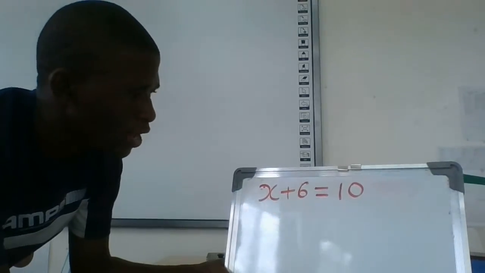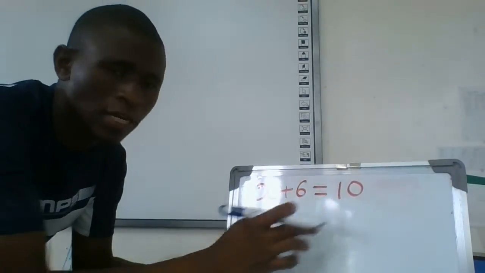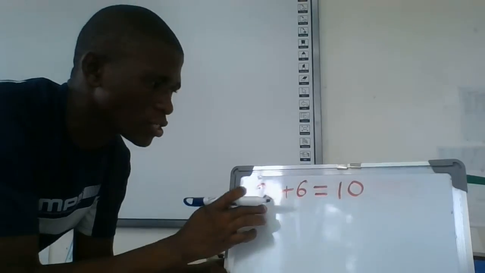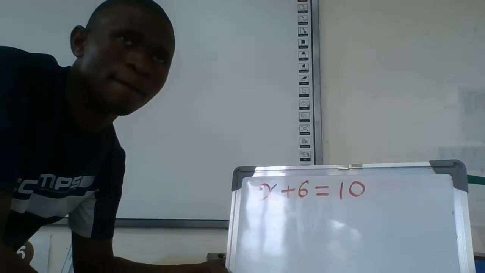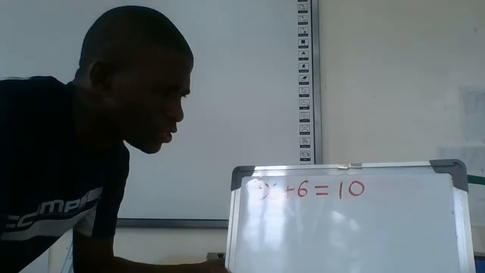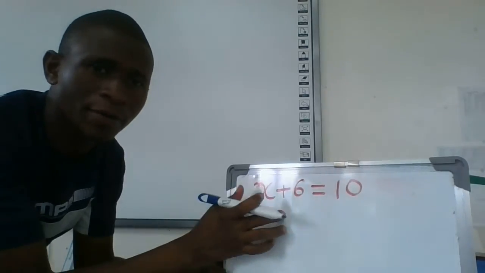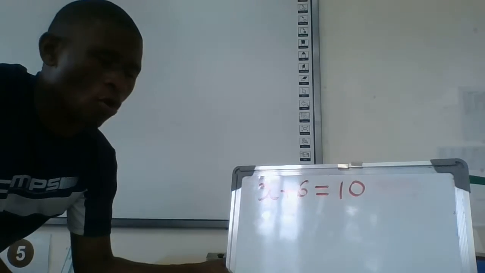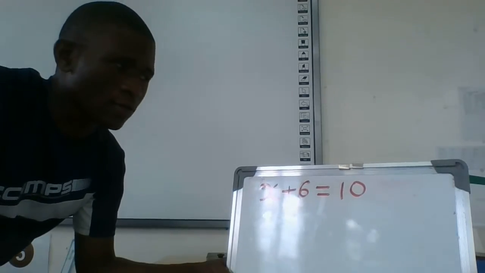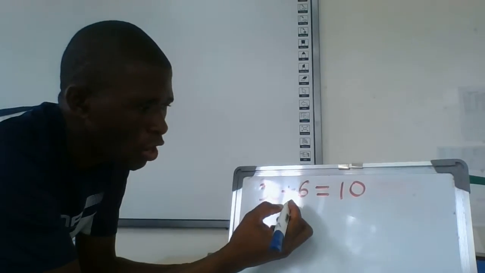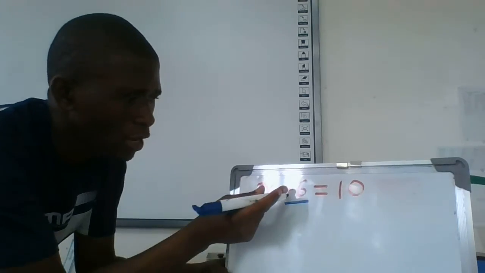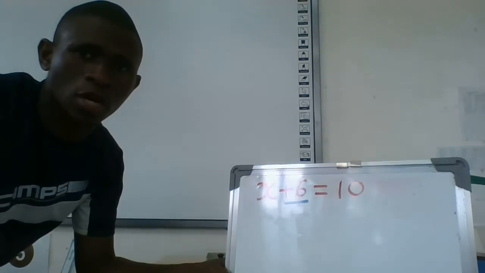Example 3. We have x plus 6 is equal to 10. What can we do on this side so that we can remain with x only? We need to do the opposite of addition, which is subtraction.